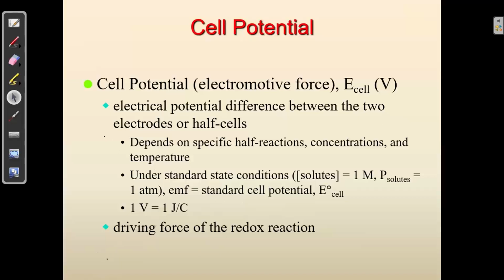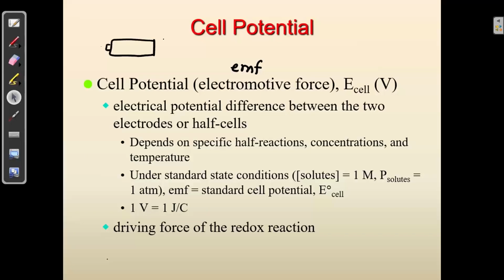Before studying that, let us have these simple points. What is cell potential? Cell potential is electromotive force, also known as EMF. The difference between EMF and cell potential is that EMF is a potential difference across the terminals of the cell when no current is derived from it. Say for example, a dry cell is there with you.